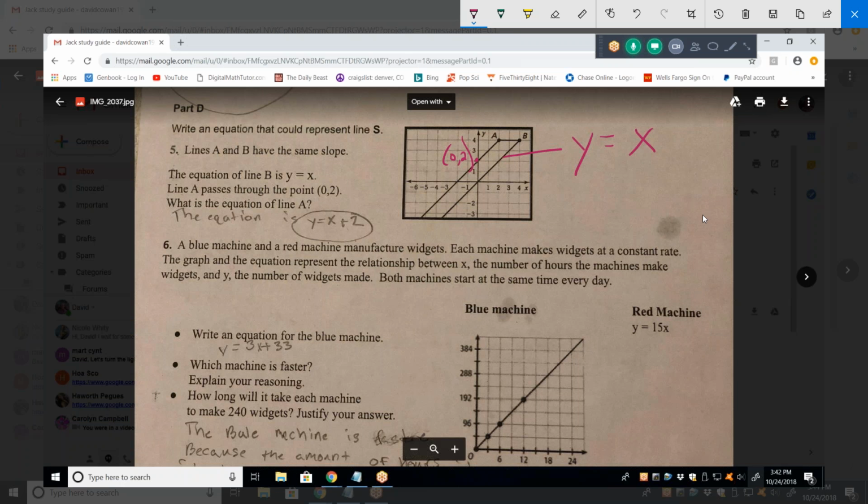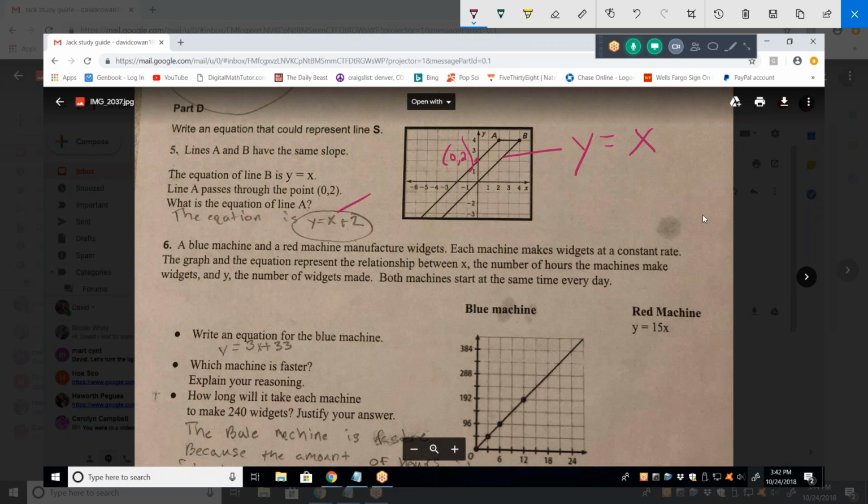Okay. There's two ways to do this. One is with a vertical shift. The other is with a horizontal shift. Both of them give you the same answer. So, yeah, the answer's staring right at you.